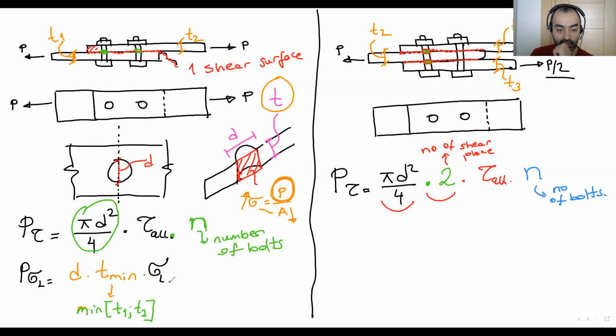Sigma allowable times N, number of bolts. What we did again, let's take a look here. This is the bolt sectional area. This is area.